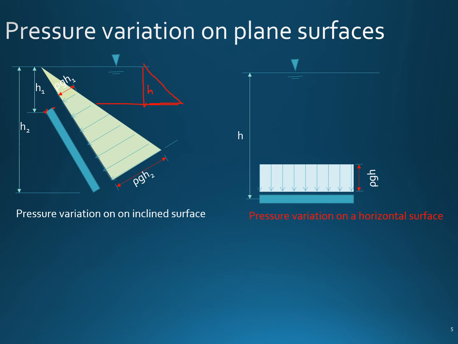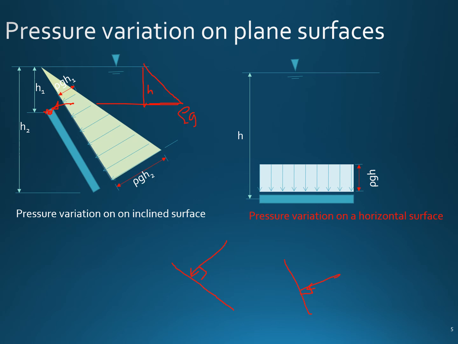That's the important point in hydrostatics: because there is no shear force acting, the pressure has to be perpendicular. So if the surface is like this, pressure acts at 90 degrees, or if the surface is like this, again pressure acts at 90 degrees. In terms of magnitude, it doesn't make a difference. You just measure the vertical height from that point to the water surface, and multiply with rho g to get the pressure at that point.